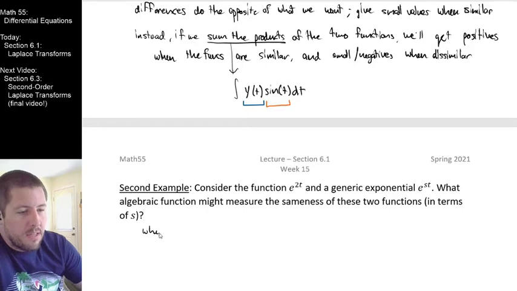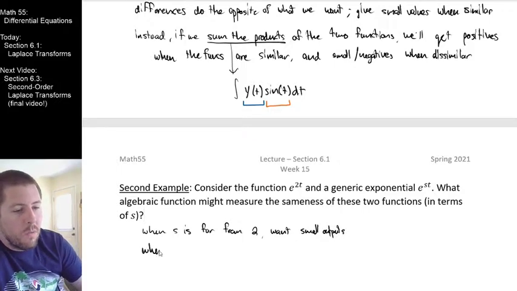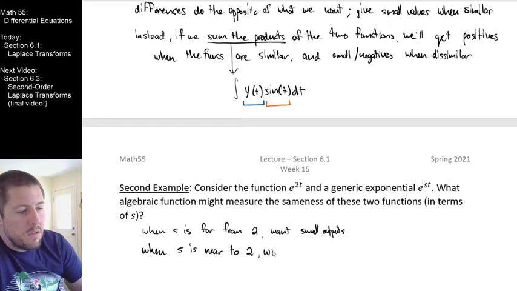So let me say this here. When s is far from 2, I want small outputs. Conversely, when s is near to 2, I want large outputs.